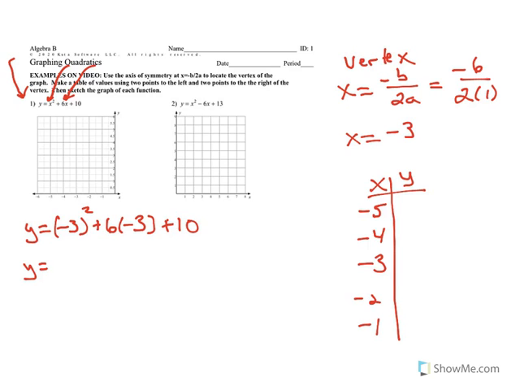Negative times negative is positive 9 minus 18 plus 10. And if we do 9 minus 18 plus 10, that should get us 1. So the y value when x is -3 is 1. And then we want to go do the other values.